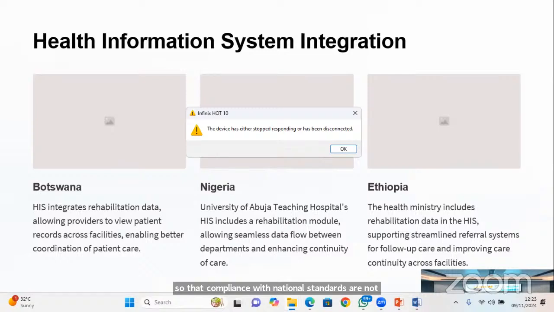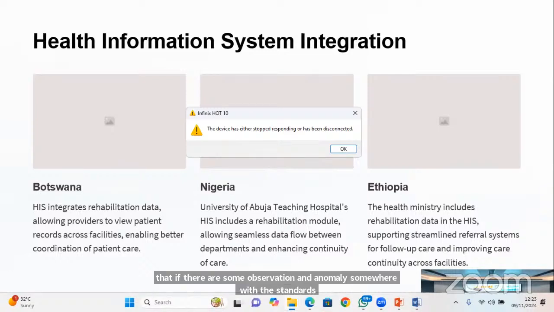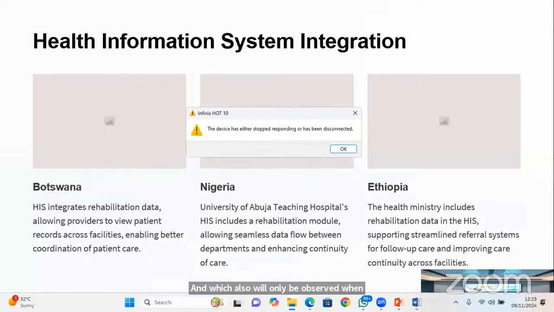If there is a set standard, every facility is expected to comply with it, except if there are some observations and anomalies with the standards, which will only be observed when we are generating data, analyzing them, interpreting them, as well as reporting them to the appropriate stakeholders. That's when the issues can be observed and corrected as appropriate.